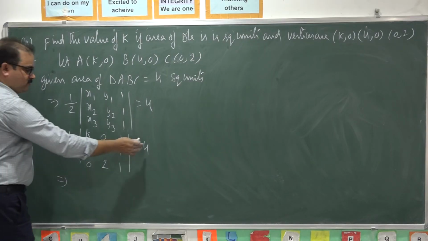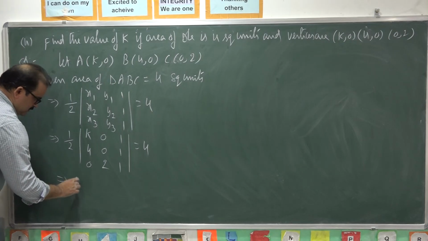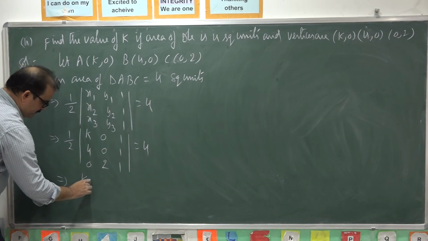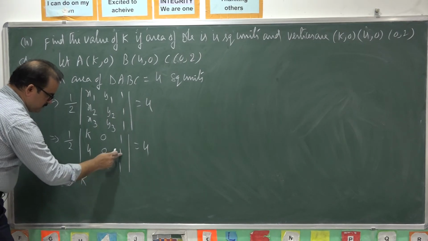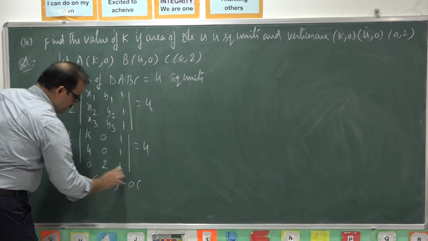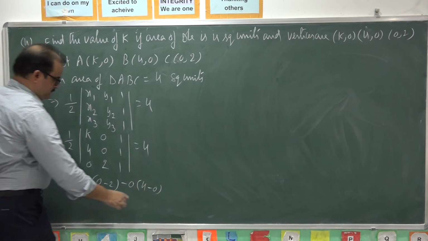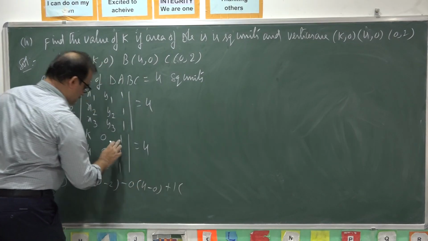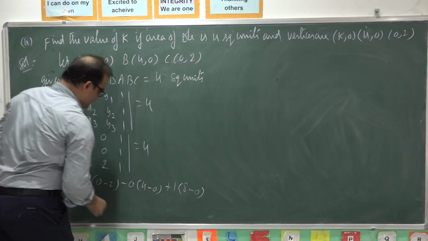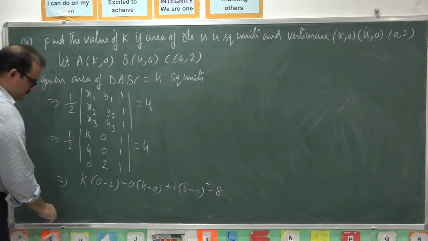Take this 1 by 2 to the right hand side, that becomes 4 into 2, 8. You expand the determinant: k into (0 minus 2) minus 0 into (4 minus 0) plus 1 into (8 minus 0) is equal to 1 by 2 into 4, that is 8.